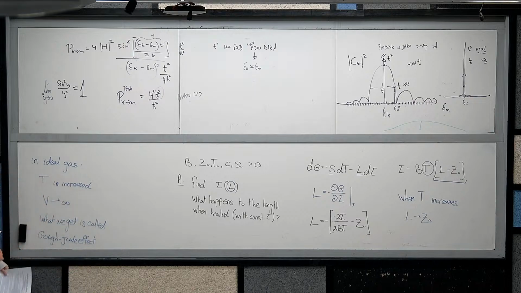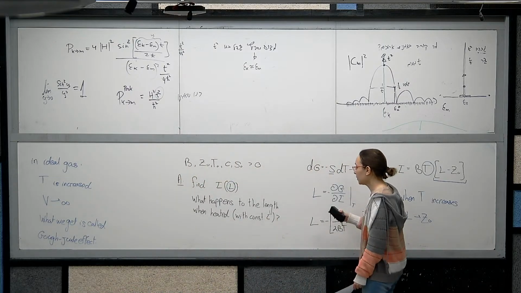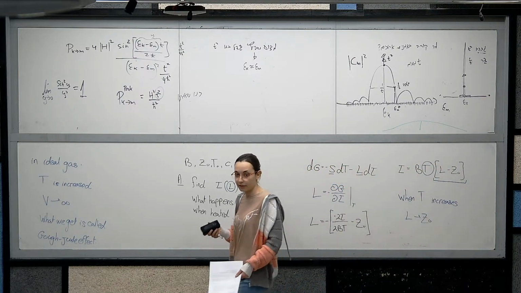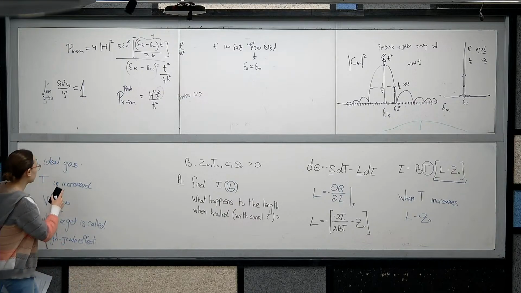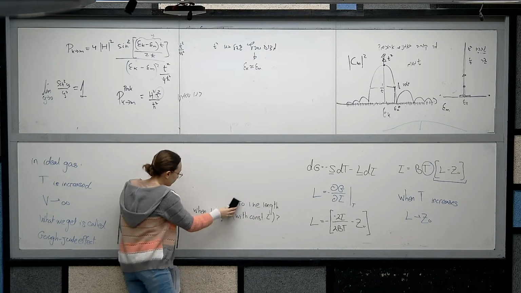This is a special effect that we get in specific systems. So as we increase the temperature, the length goes to a constant length. Okay, great. So this is the first section.